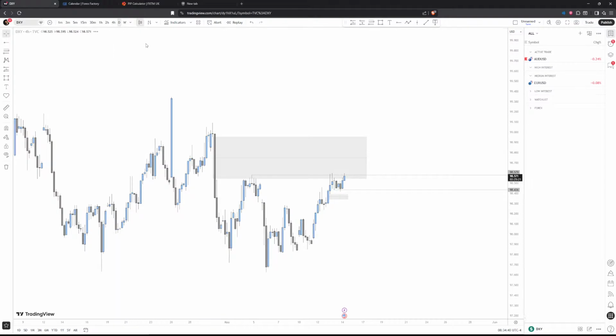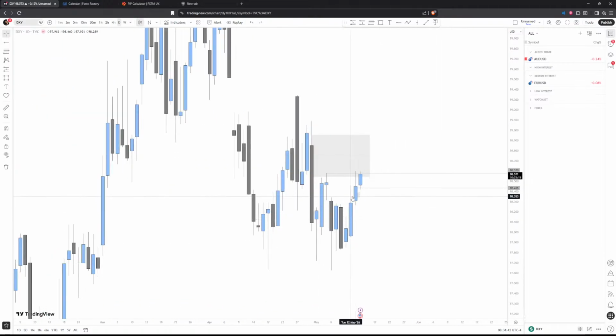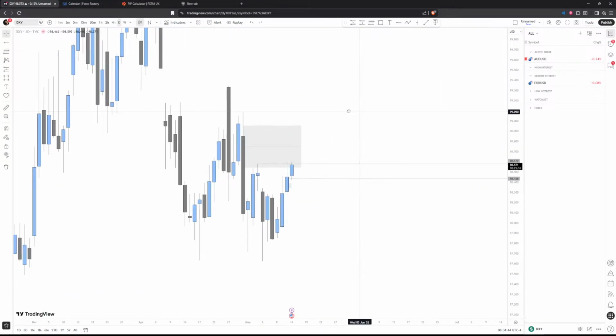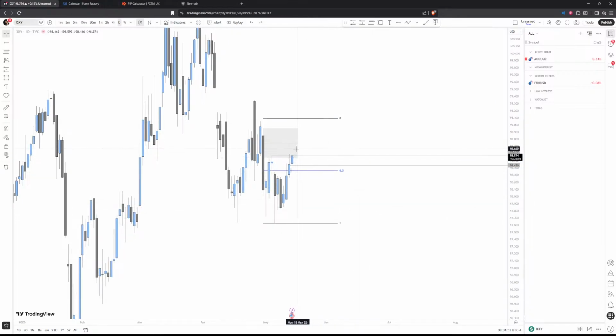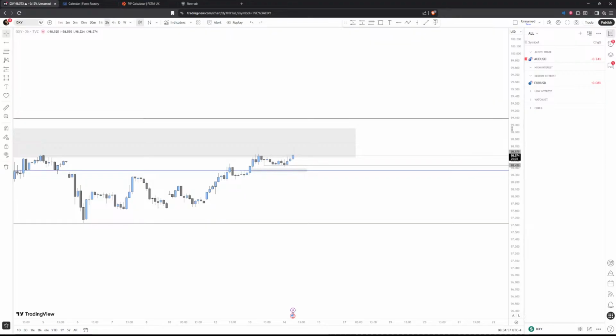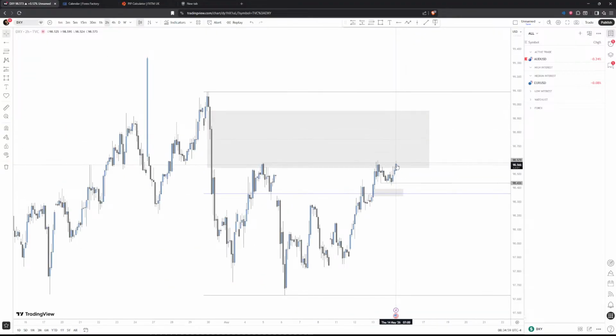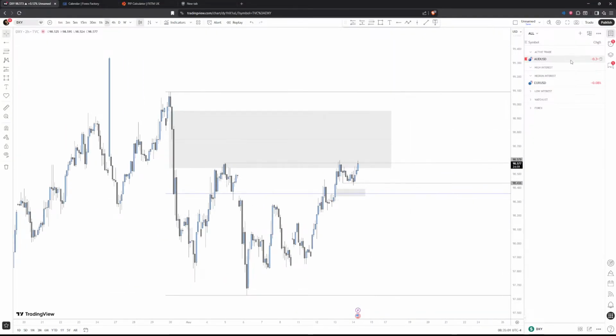For sell ideas, the daily is saying a bit choppy, but see from this low to this high right here, the premium. So maybe we're bearish. I think we're short-term bearish at that point.